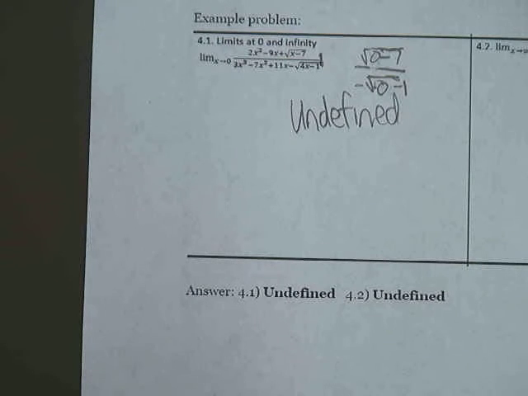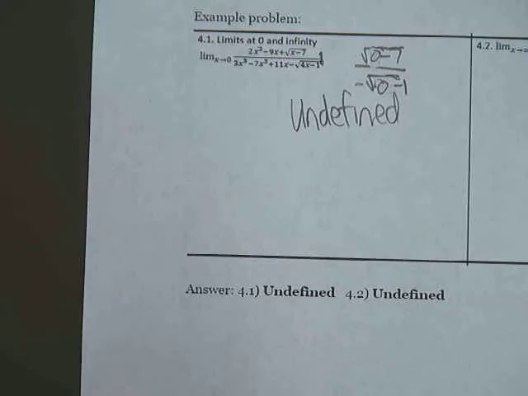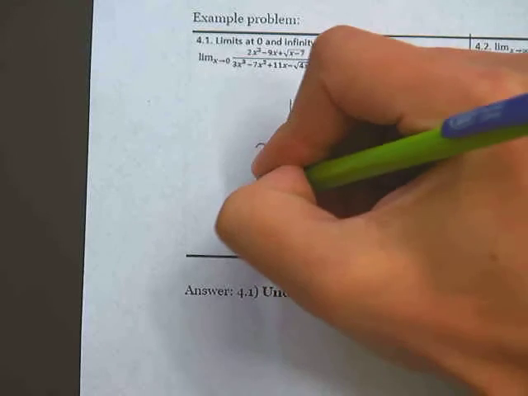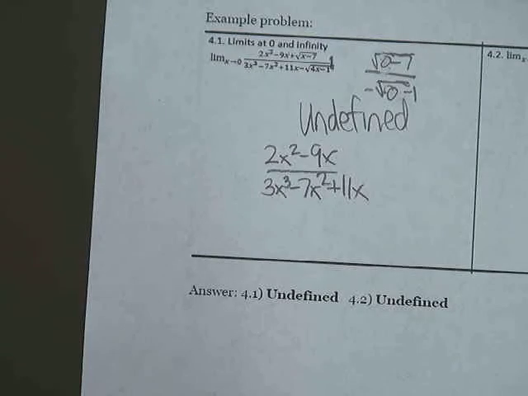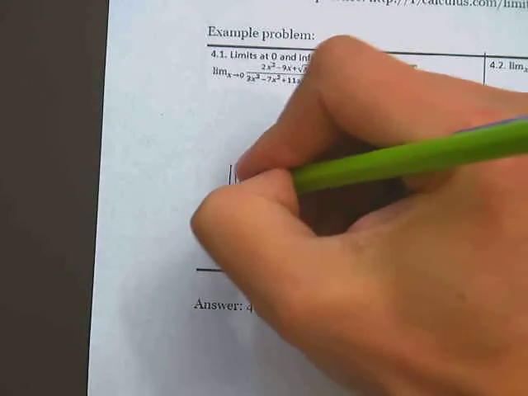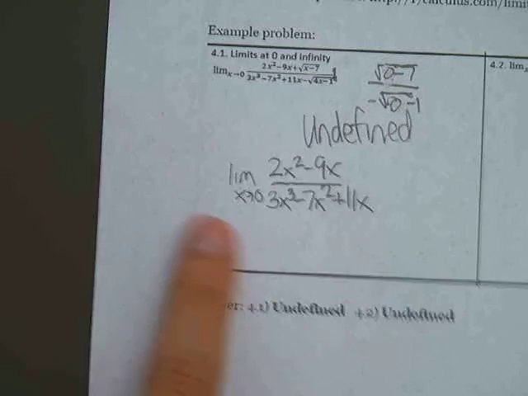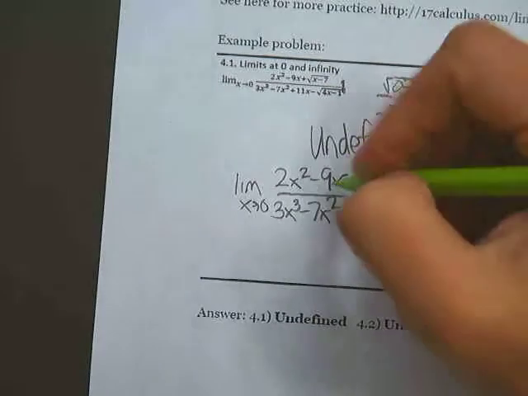Now let's change this problem a little bit and say this was a case where these things weren't messing us up. So let's look at perhaps just this. All I did was pull off the square root terms that messed us up in that problem. If we were trying to evaluate this as x approaches 0, when you're plugging in really small numbers and then you square or cube them, you need to remember that those terms are going to get small way faster than just the normal x terms.